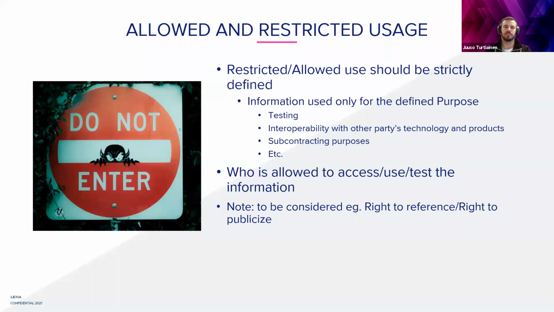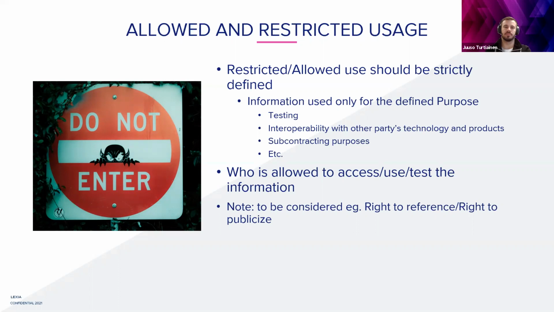For example, if you have a subcontractor, maybe you want the subcontractor to create something for you to see their talent and whether they are the right subcontractor for you. So here, you should define under the purpose what the information can be used for.